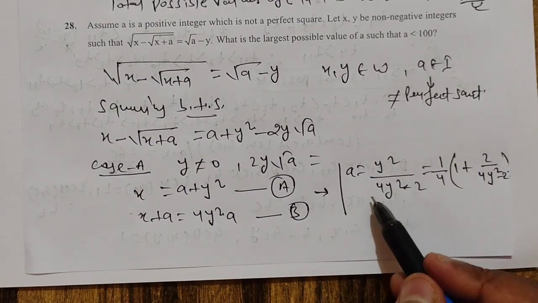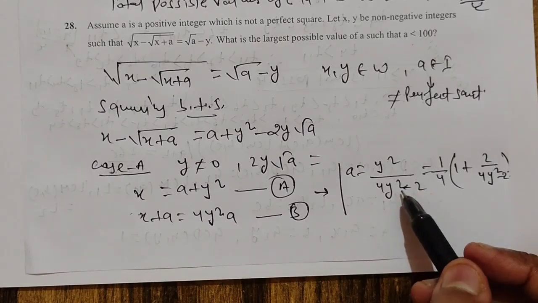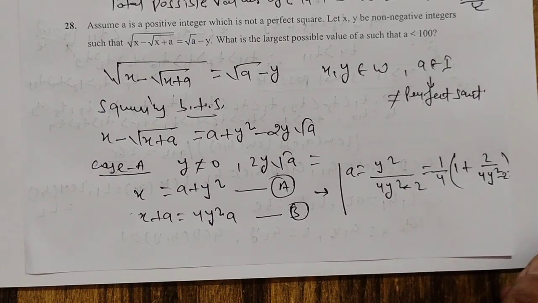And here y is a whole number and a is equal to 0, which is not a positive integer.